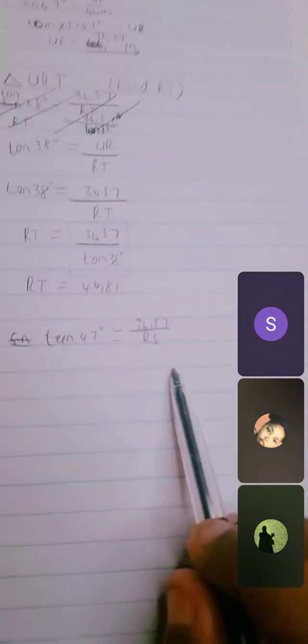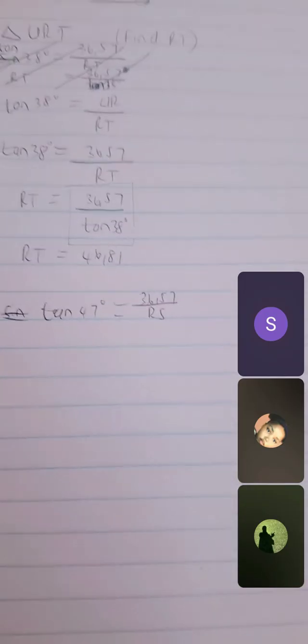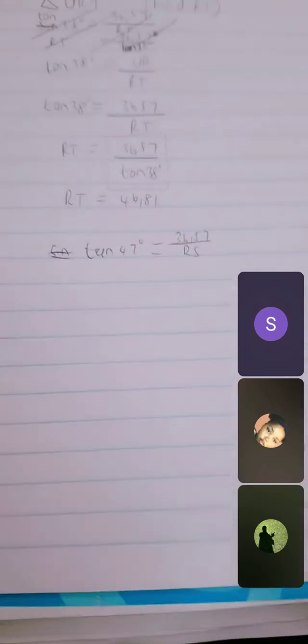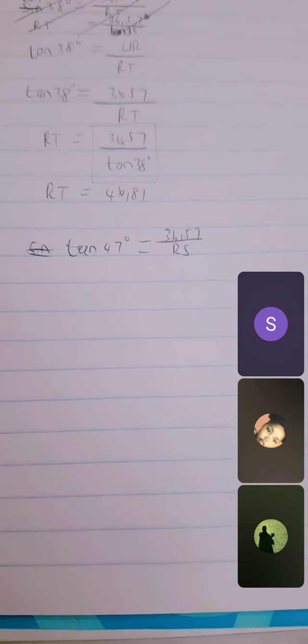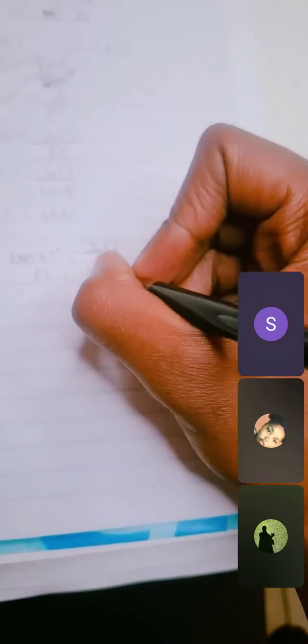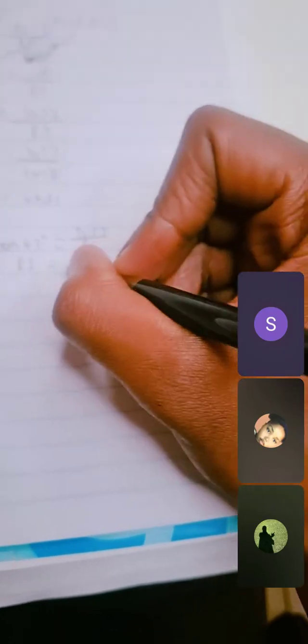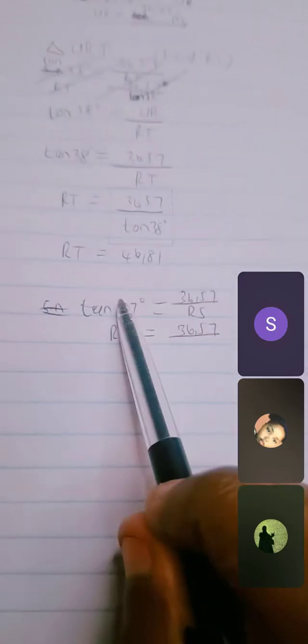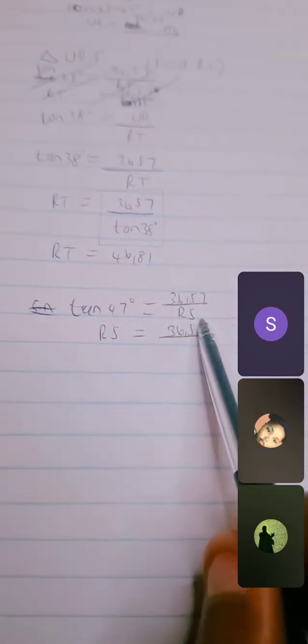Then we do what, guys? At this stage, the unknown is in the denominator, so we interchange, for a shortcut. RS replaces tan 47, tan 47 replaces RS.